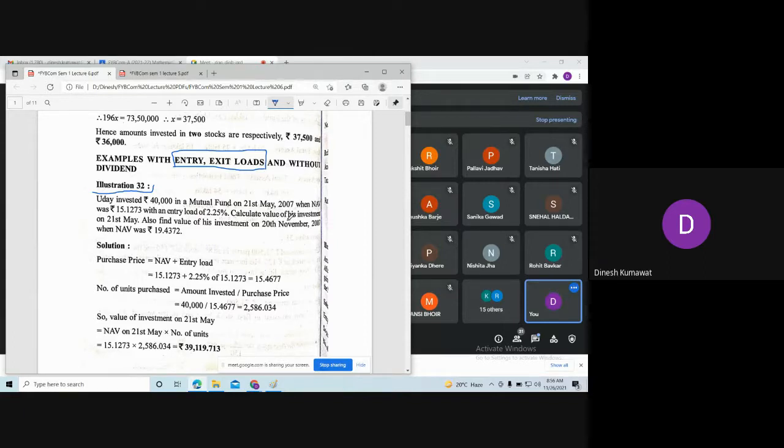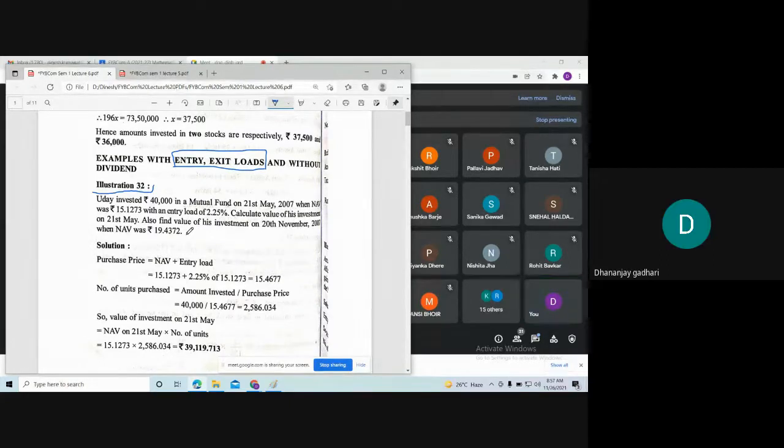Calculate the value of his investment on 21st May. Also find the value of his investment on 20th November 2007 when net asset value was rupees 19.4372. First of all, tell me, have you understood this problem?